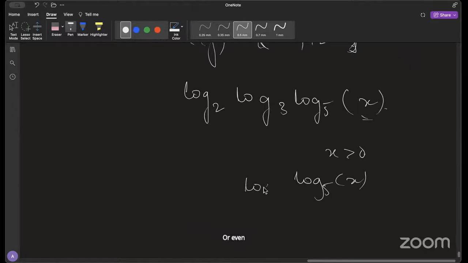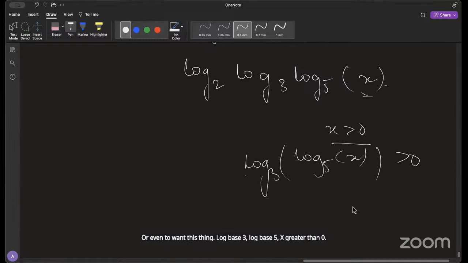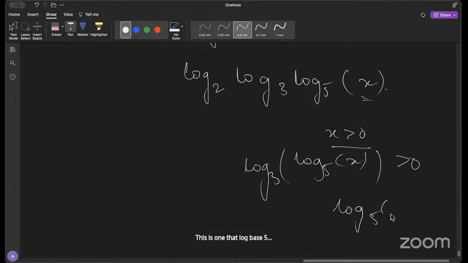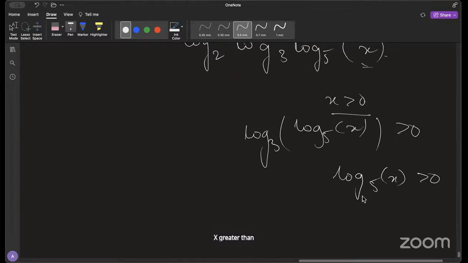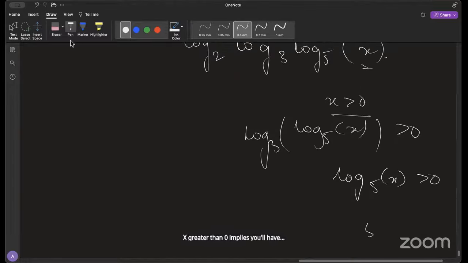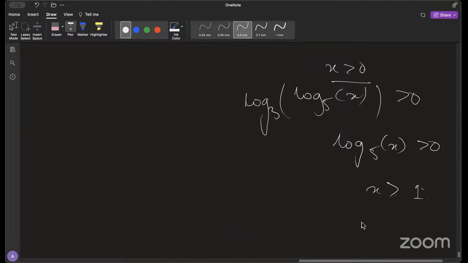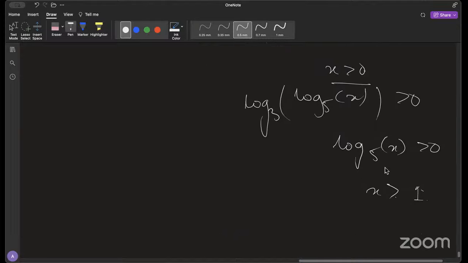Then log base 5 x greater than 0 implies x greater than 5 to the power 0, which is just 1. So from this one, you want x greater than 1.